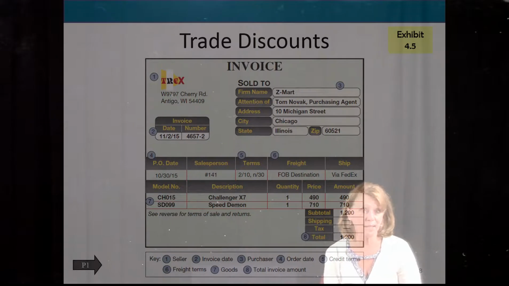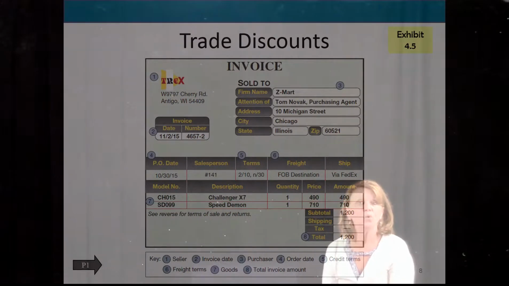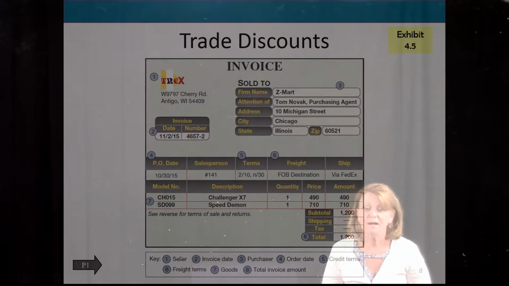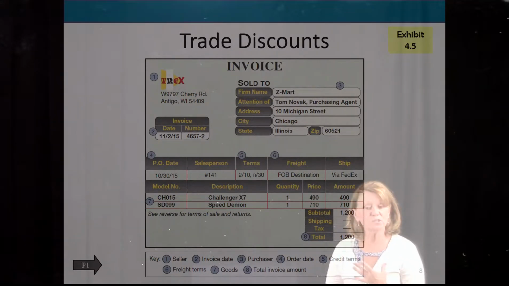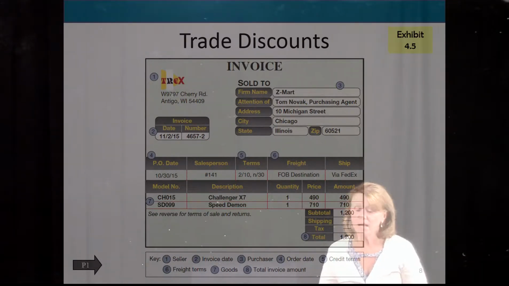That's the terms of paying your bill, and you get a discount if you pay it in a certain amount of time. FOB, where the freight on board is, whether it's shipper or destination, who the shipping company was, the cost of it. So most of this we're going to go through. We're definitely going to go through terms and the freight terms as well.